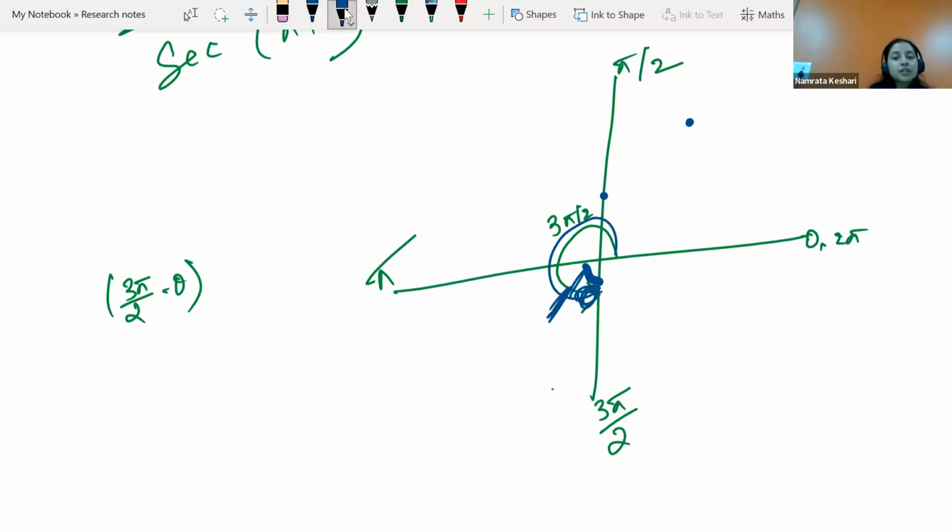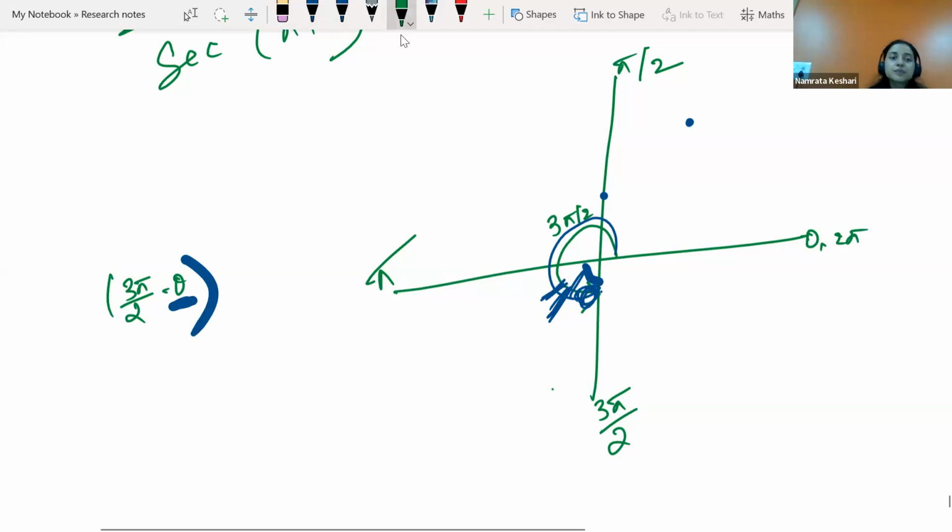If you subtract 40 degrees, maybe it will come till here. So theta or x, whatever we take, is going to lie between 0 to 90 degrees only. It's not a huge angle, this theta.